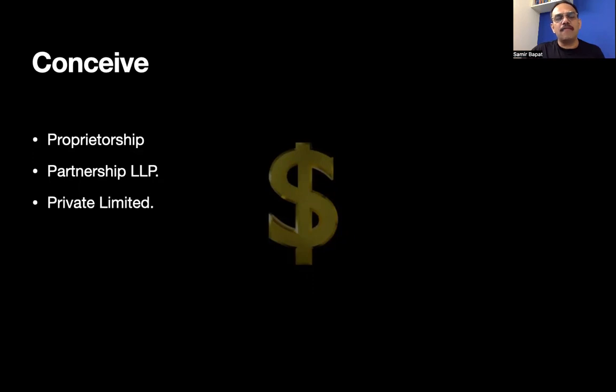Subsequently, when the size of the company becomes big, it is advisable to make it a private limited company. Now, what is the difference between partnership LLP and private limited? The compliances increase. They have to maintain a lot of documentation, audits, and everything for the private limited company as compared to the partnership. So this is how the companies are started.